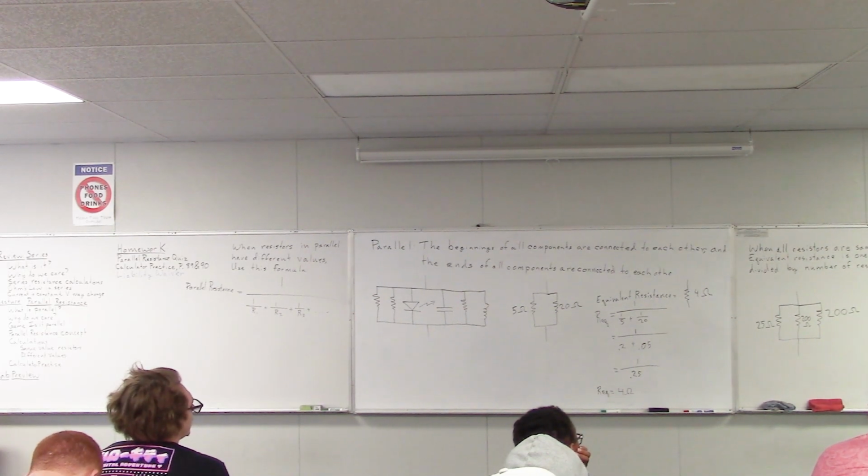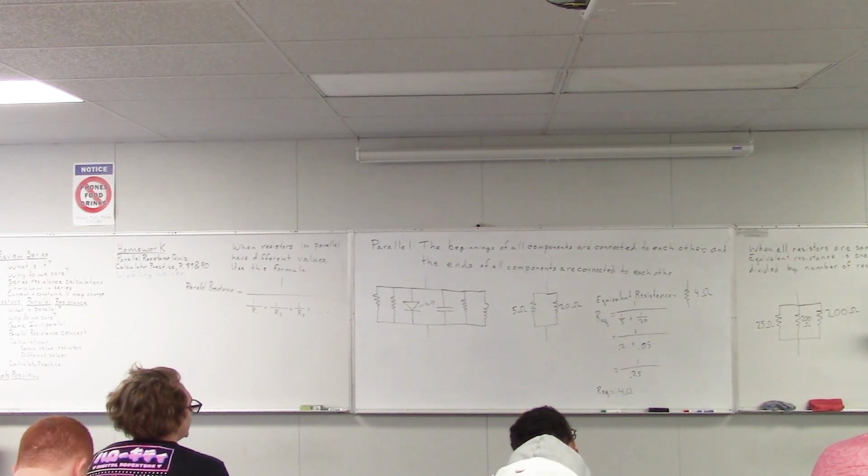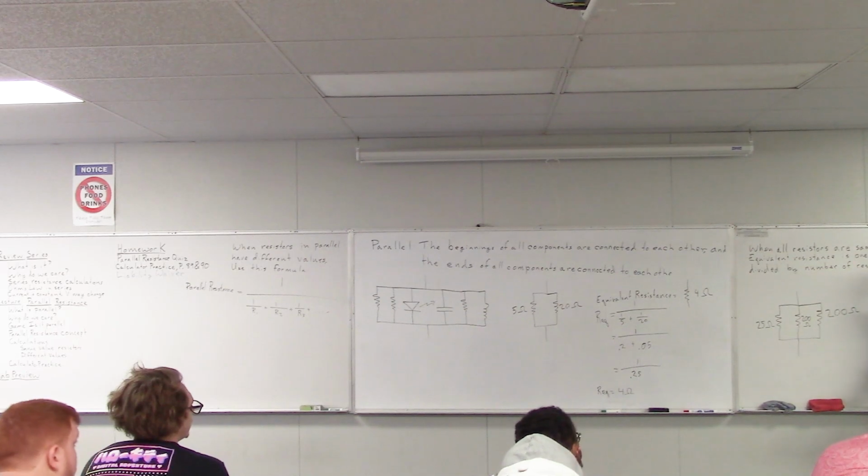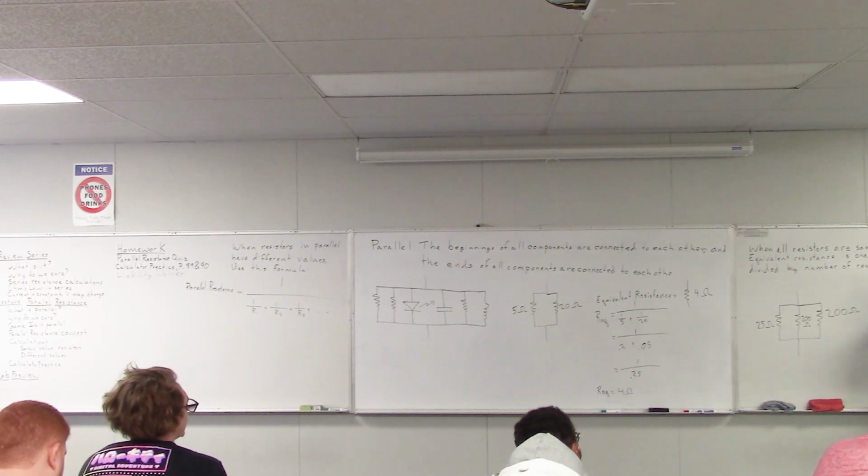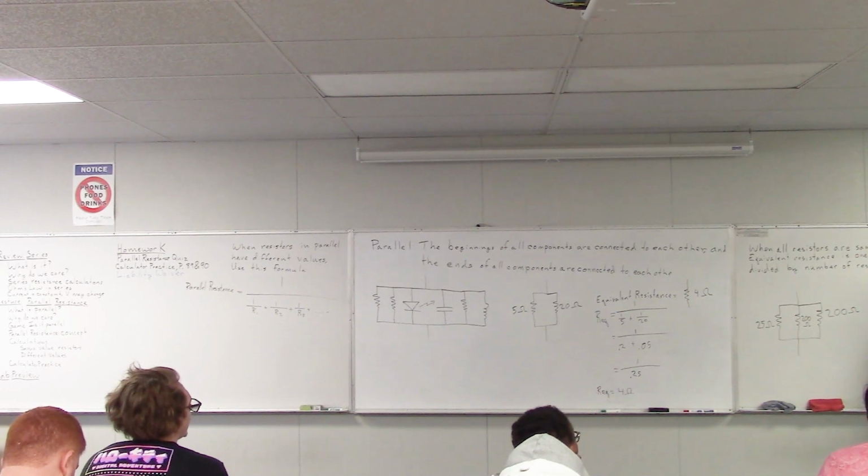Yeah? In this kind of situation where resistance is different, is the current still the same? No. So that's a good question. So we said that in series circuits, the current was the same, but the voltage would be different. This is a parallel circuit.